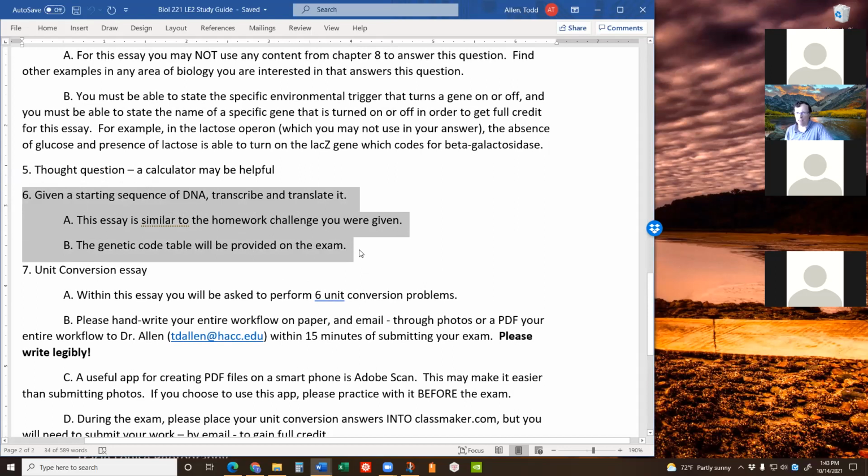That's the basic idea, and I will say to you that the exam is set up to guide you through the proper path of what you need to achieve. Okay, so you would give us the DNA, or we would figure the DNA out? Well, take a look at what it says here. Number 6 says, given a starting sequence of DNA. So of course, I will give you a starting sequence of DNA. Okay. Thank you.